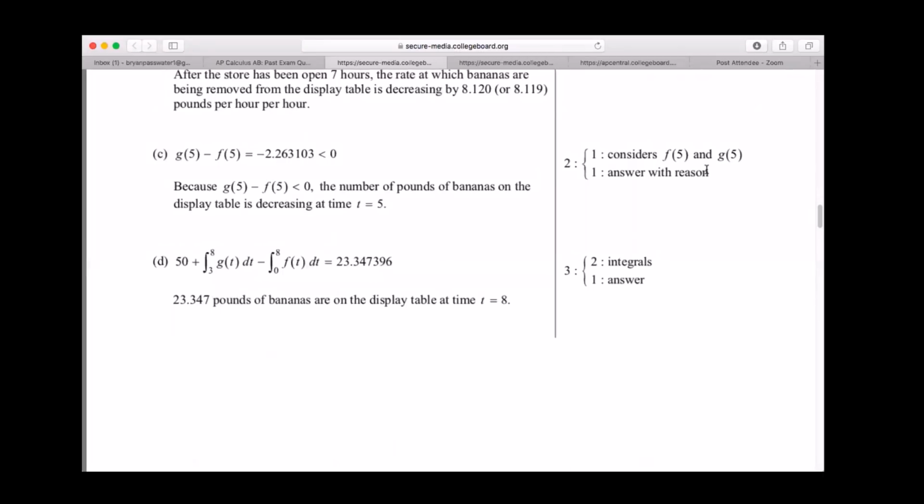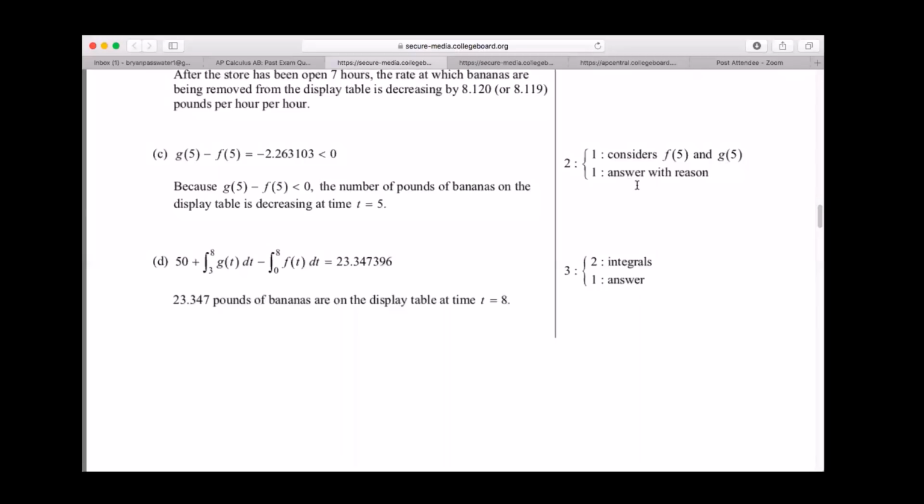Students see that word increasing or decreasing, and you've been so trained that when you hear that word that you should take a derivative, right? It's a derivative question. But then what you might have forgotten was that F and G are already derivatives. They're already rates. And so we don't have to differentiate it again because that already is the derivative. So this is a case where even though it said increasing or decreasing, we weren't trying to take G prime and F prime. It was just G of 5 and F of 5.